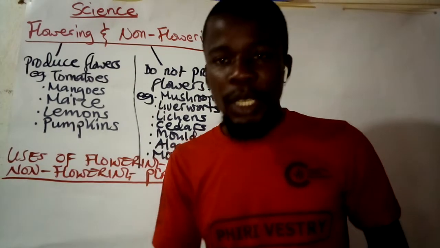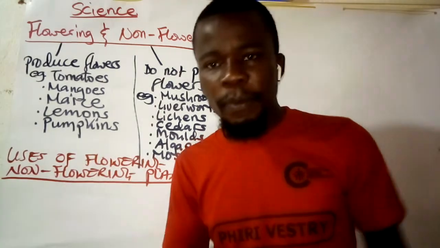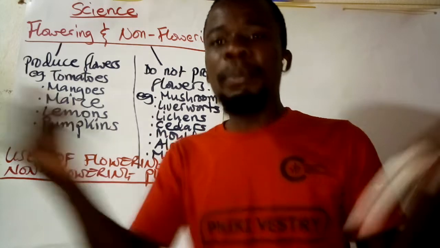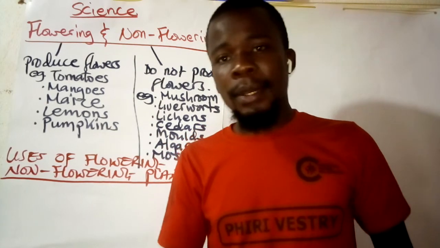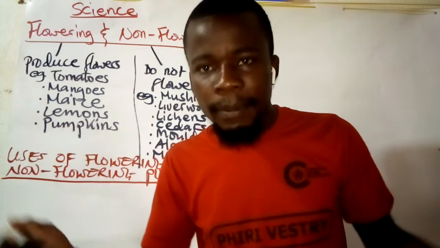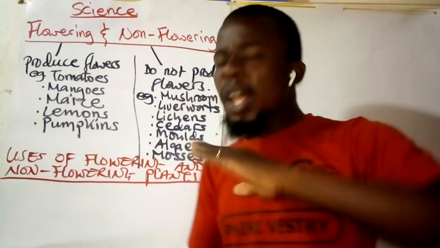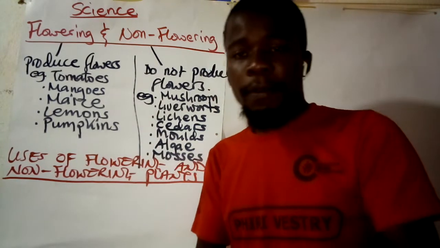Uses of the flowering and the non-flowering plants: source of food, source of income, source of medicine, source of timber, source of furniture, source of employment, provision of food, source of foreign exchange, forex. All right. So we have got a lot of uses of these flowering and non-flowering plants.